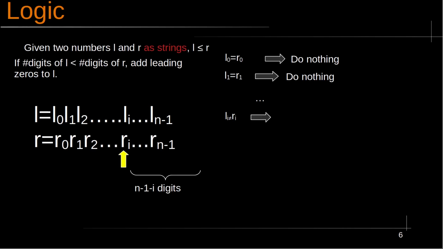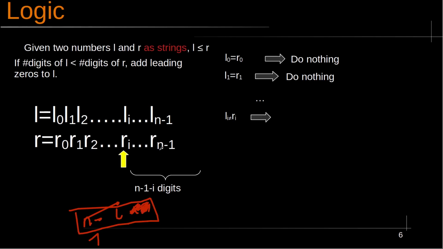We have the first n minus 1 minus i digits, because here we are at position i, and we have n digits. Plus 1 would be used if the string is 1-based indexed, but here the string is 0-based indexed, so we cannot add plus 1 here.